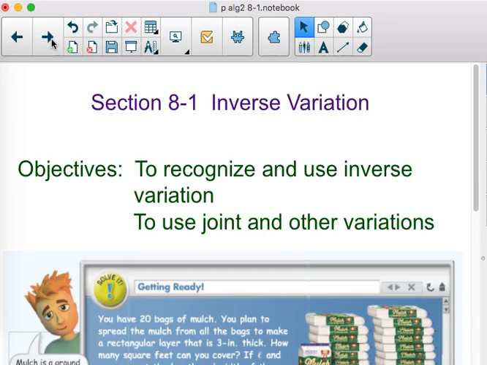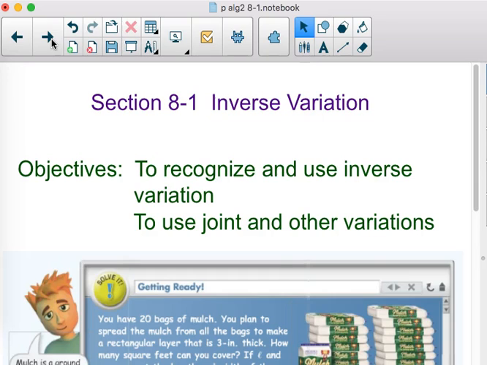So we went through the whole inverse variation thing yesterday. And here's the deal. Inverse variation means we're dividing. No other type of variation that we're going to study in this class does division. The rest of them are multiplication. So when we see inverse variation, we need to think, hey, that's division. No matter what the other ones are called, they are multiplication.